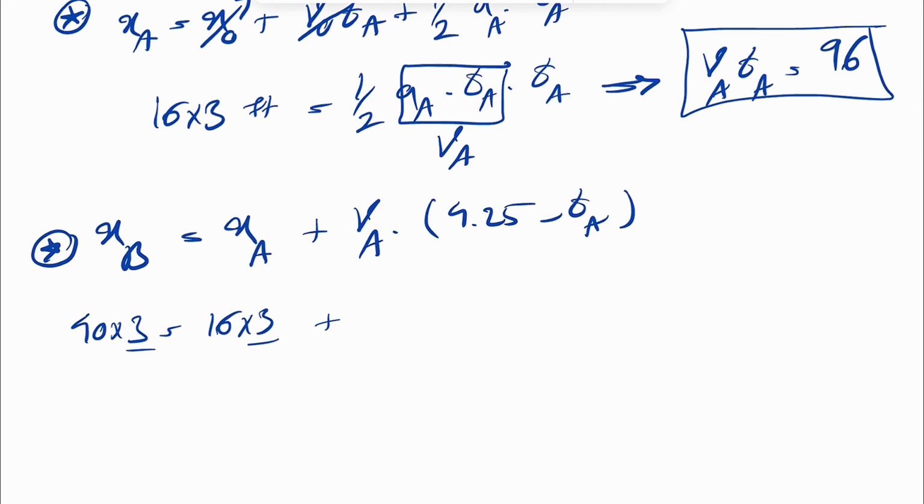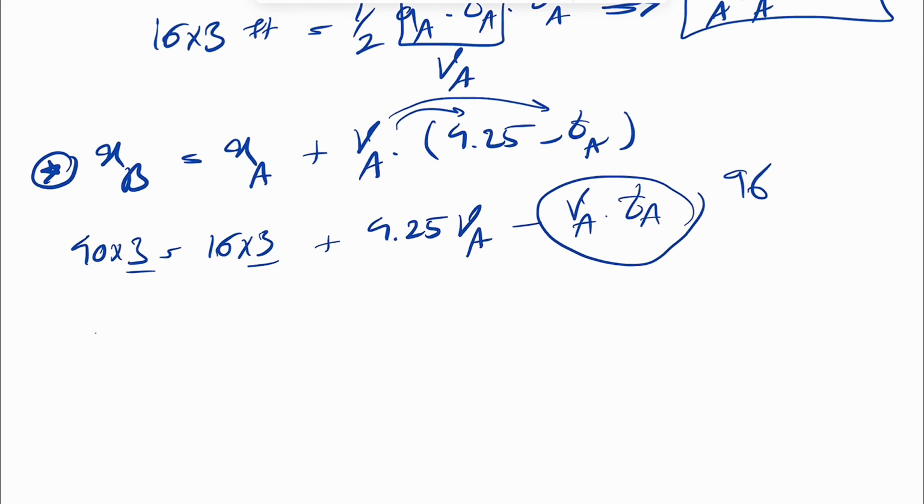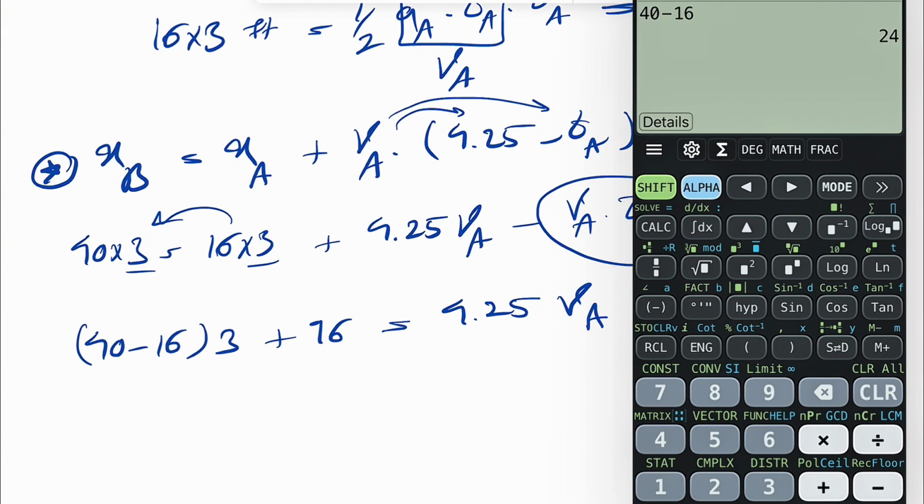And here we have 4.25 VA minus VA times TA. I just multiplied this in, and from the previous equation we know that VA times TA is 96, so we should be able to find the velocity at point A. I bring 96 to the left side, and we get 40 minus 16 times 3, plus 96, divided by 4.25.